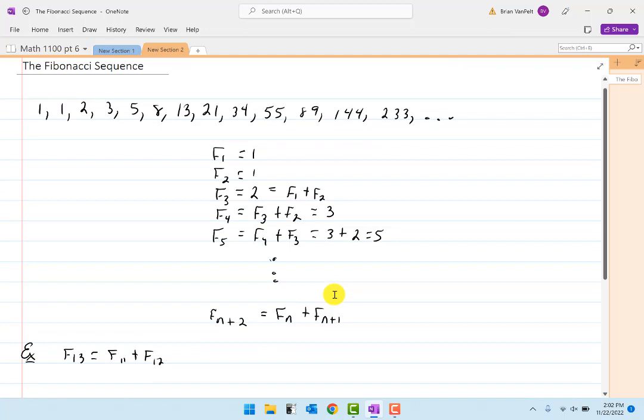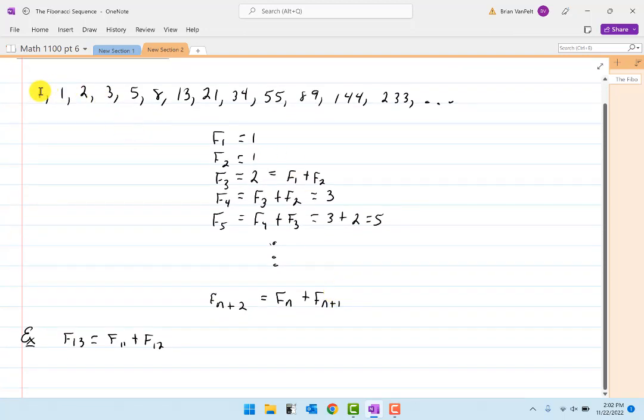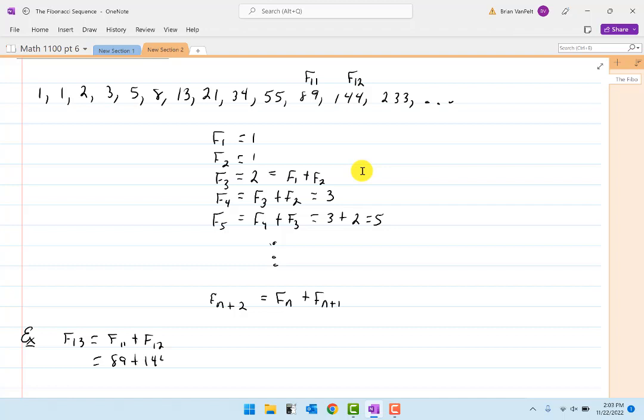So let me come up to my list and see where 11 and 12 are. There's 1, 2, 3, 4, 5, 6, 7, 8, 9, 10, 11. 89 is F11. 144 is F12. So 89 plus 144 is 233.